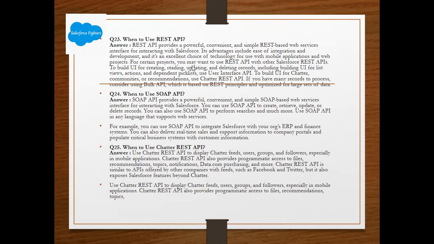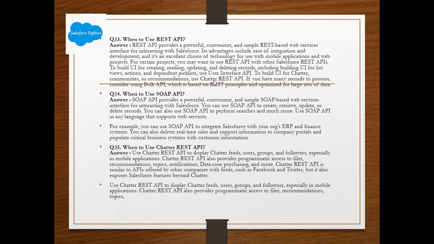For certain projects, you might want to use REST API with other Salesforce REST APIs. Use the User Interface API to build UI for creating, reading, updating, and deleting records, including building UI for list views, actions, and picklists.